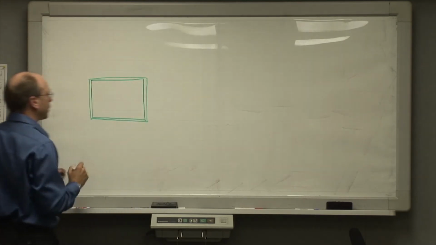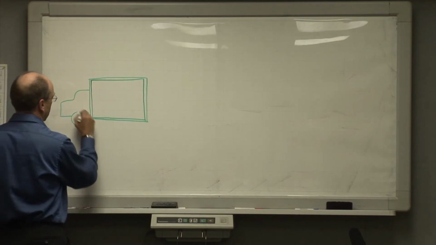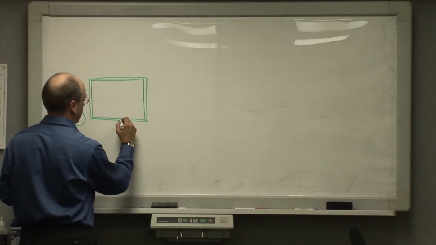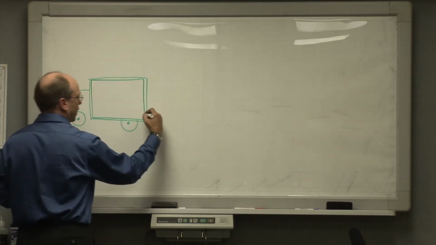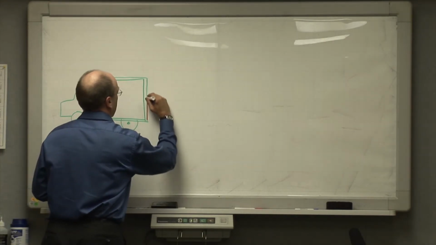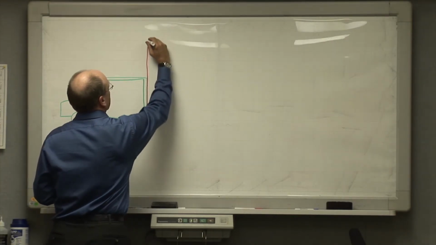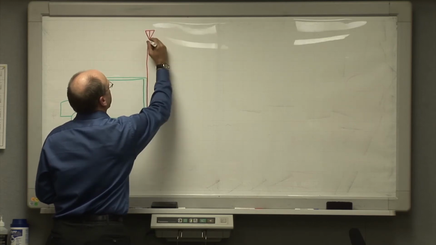And the RF shielded box is built onto the back of a large truck, like so. And we have a couple of telescoping masts, like this, that go up and allow us to elevate a measurement antenna.